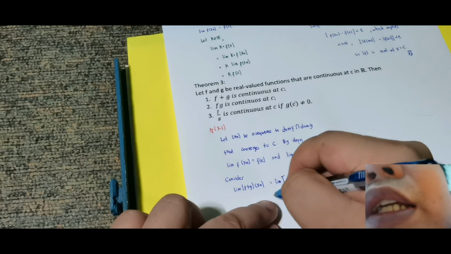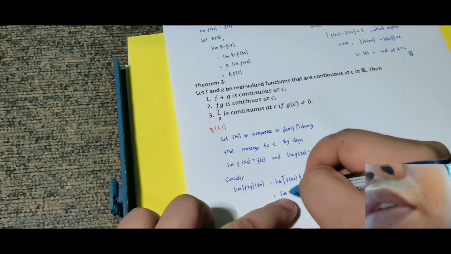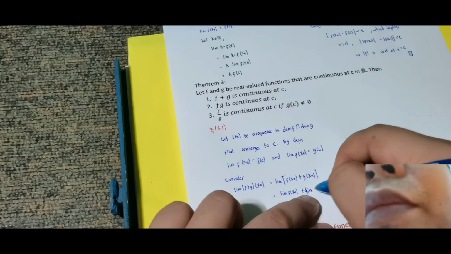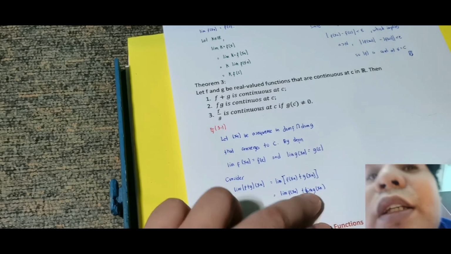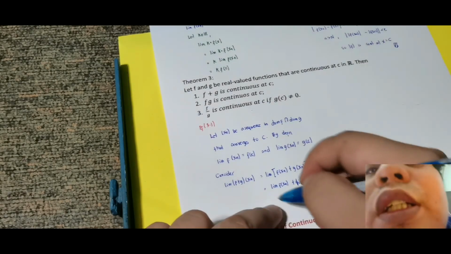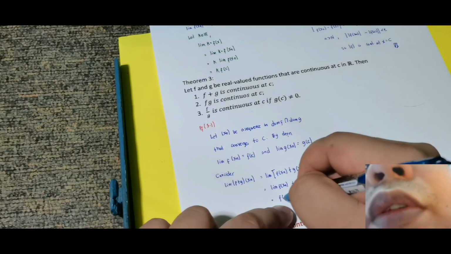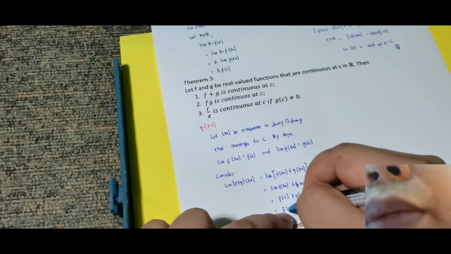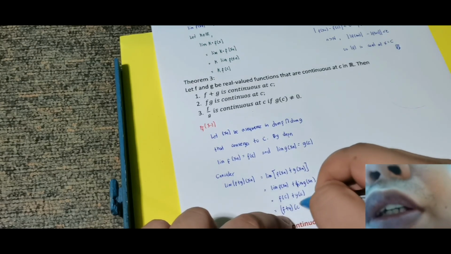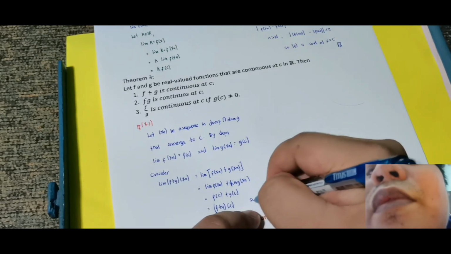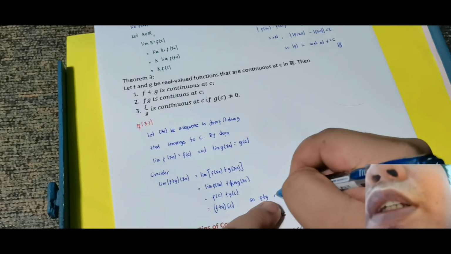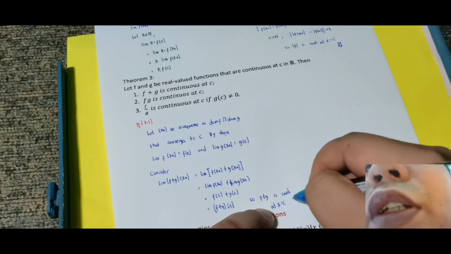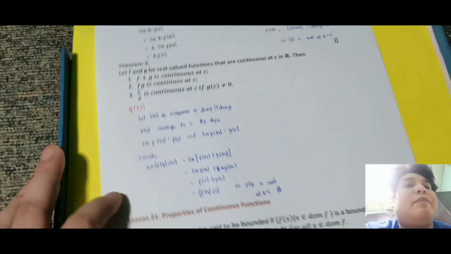Okay, then paghiwalay natin, this is limit of f of x sub n plus limit of g of x sub n. Then by definition or by assumption, this is equal lang sa f of c plus g of c, which is equal sa f plus g of c. So f plus g is continuous at x is equal to c, and that is done.